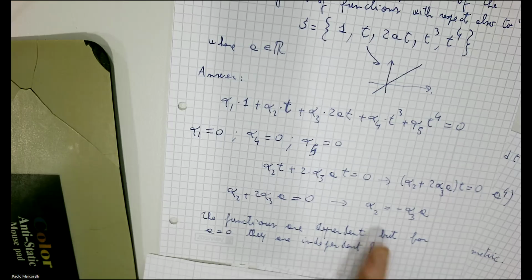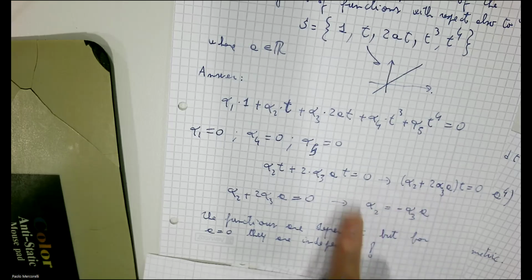Then A3 I could choose, so then it would be dependent. Why? Because you can choose in any case. It doesn't matter which combination you are considering, you can choose something not 0.